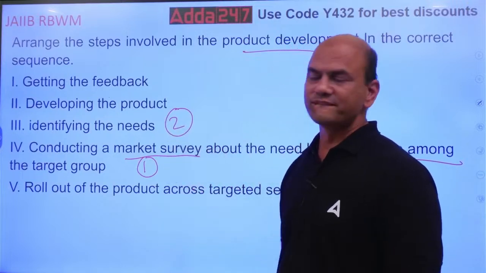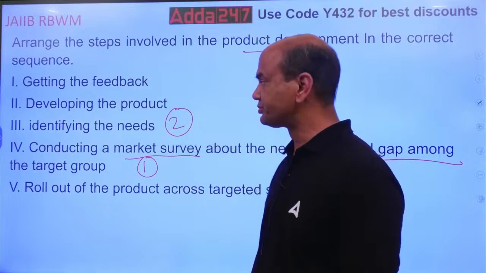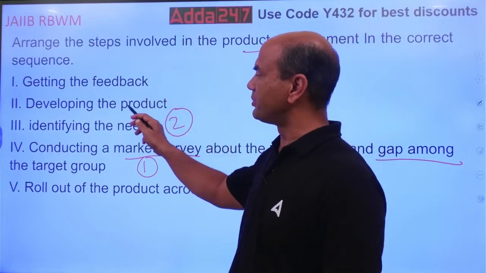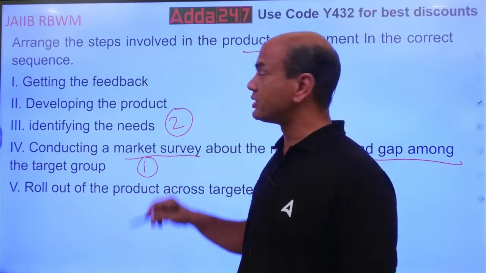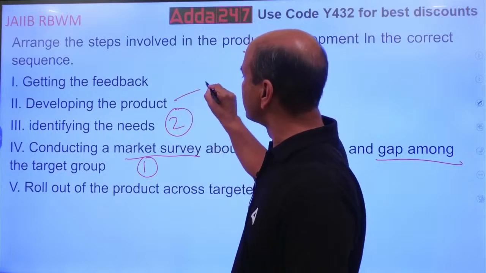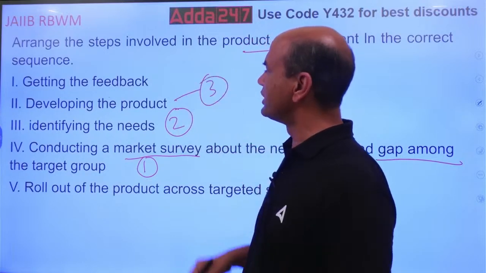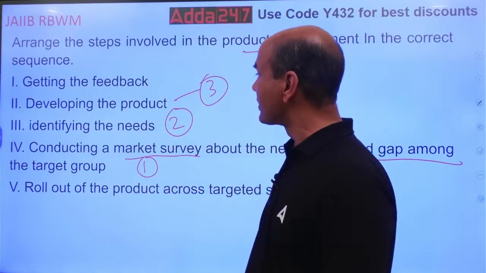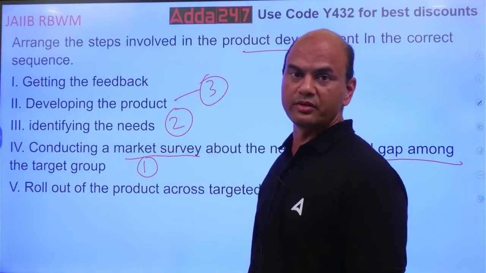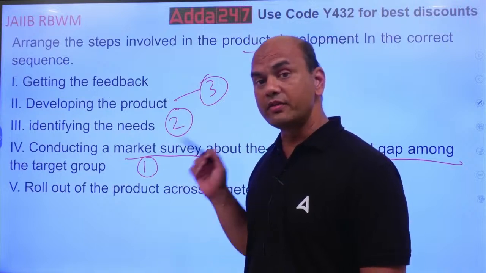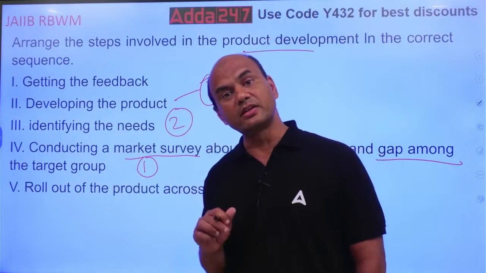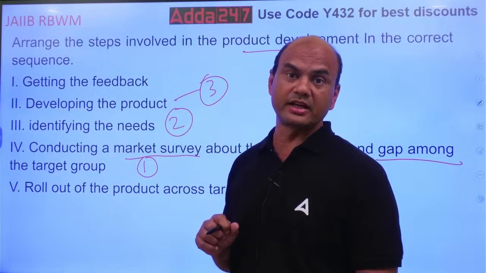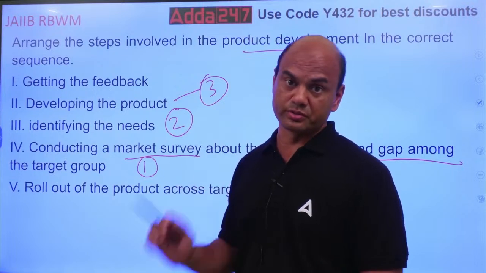From here, what is the next step? Getting the feedback, developing the product, rolling out the product. So third will be developing the product. Once you know the needs, then you develop the product. In developing the product, you'll have to check the financial analysis and the business analysis also.